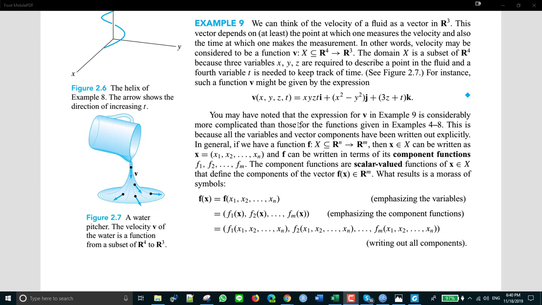This is because all the variables and vector components have been written out explicitly. In general, if we have a function from Rn to Rm, then x in the domain can be written like this if we want to, and f, the output, can be written in terms of its component functions. Okay, I'm going to stop here and then come back to this.